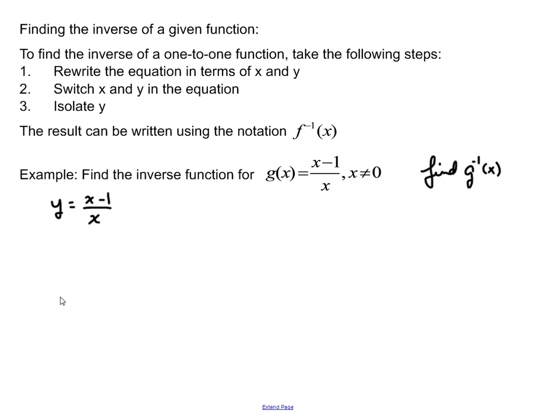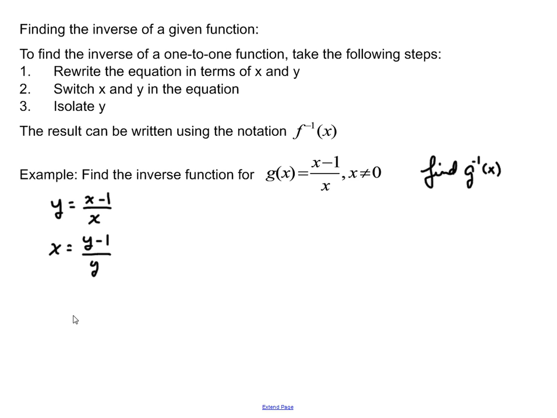And the steps that are called for to solve for this inverse function, recall, means that we have to switch x and y. So x has to equal y minus 1 over y.